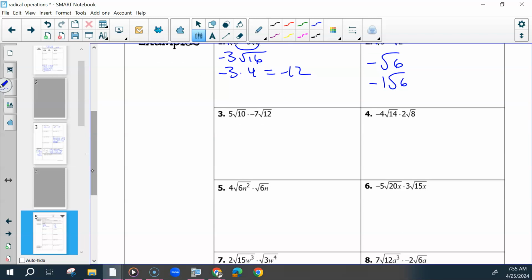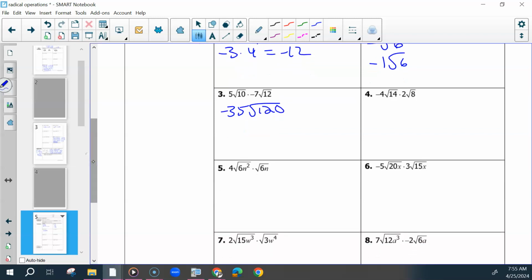3, and then we'll get into some variables. Our outside number would be negative 35. Our inside number would be 120. Can we simplify that? Yes. Find the highest perfect square that goes into that.